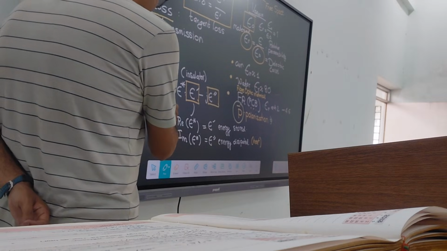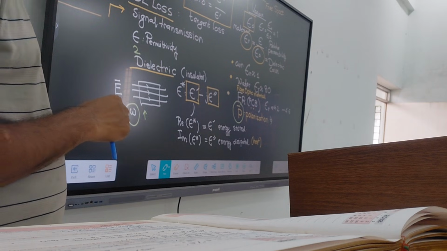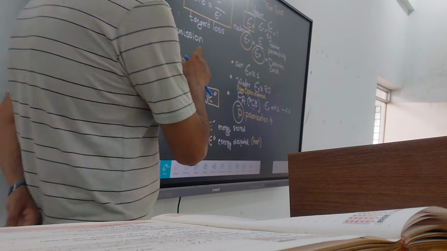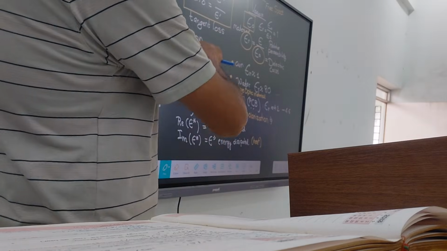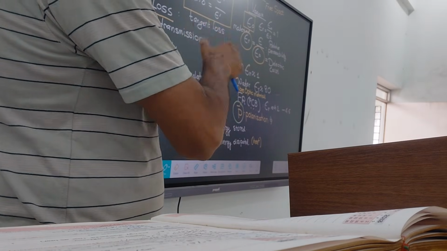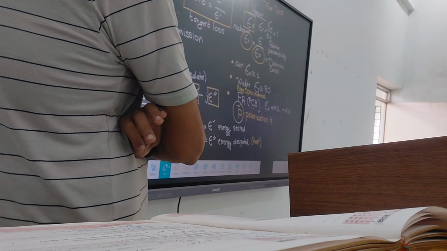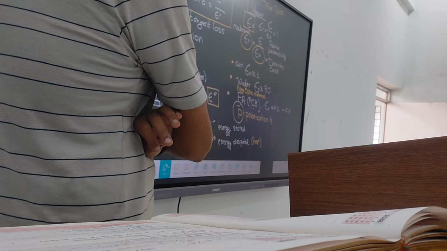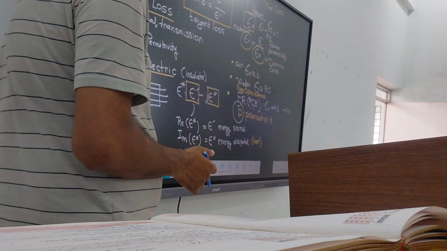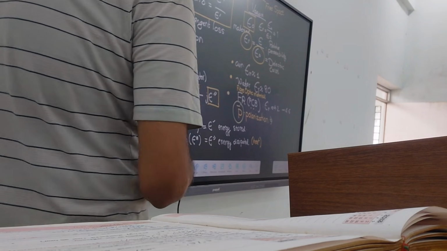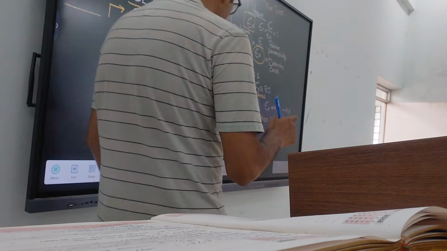Now if we keep on increasing the omega, polarization को भी if it wants to be at par with the change in the frequency, इसको भी उस तरह से change करना चाहिए, लेकिन it is unable to do it because of the different frequency range. I'm going to the next slide.